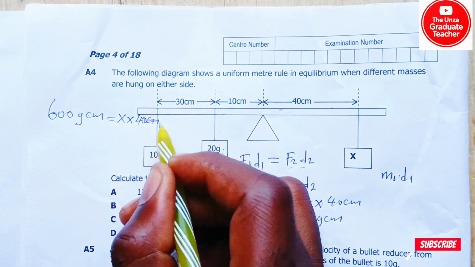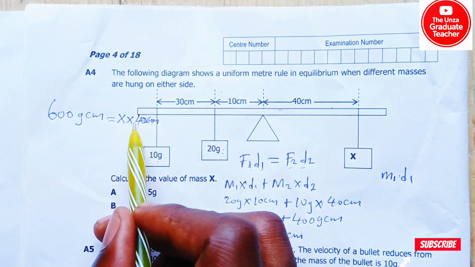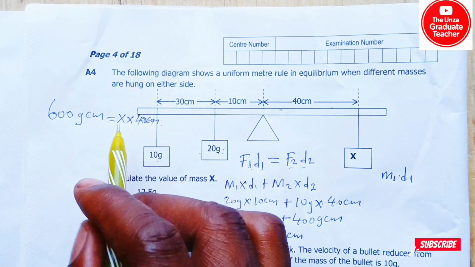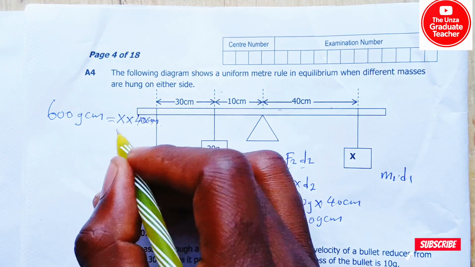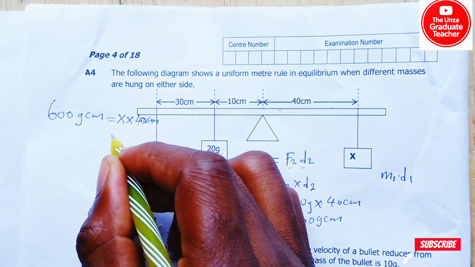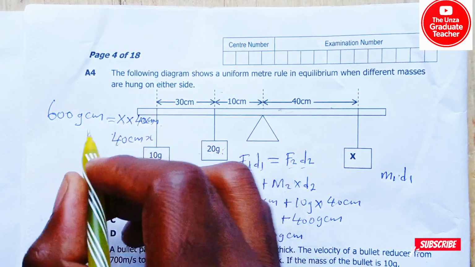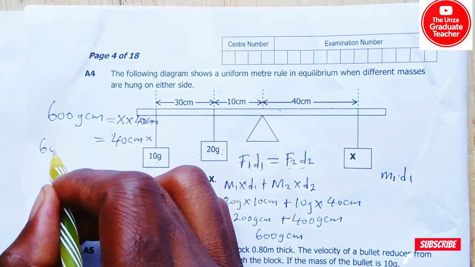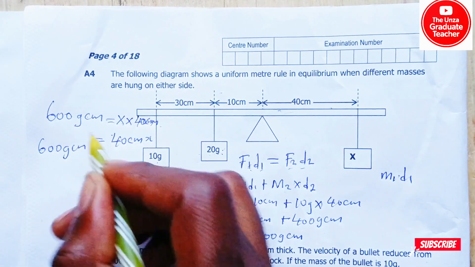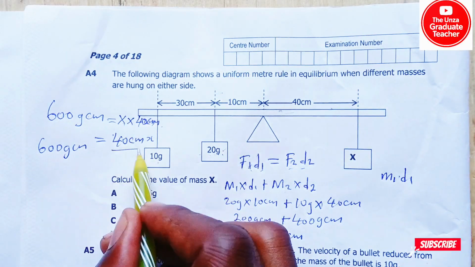When you say x multiplied by 40 centimeters, it will be 40 centimeters times x equals 600 gram centimeters.